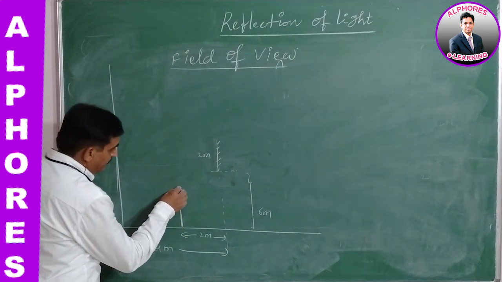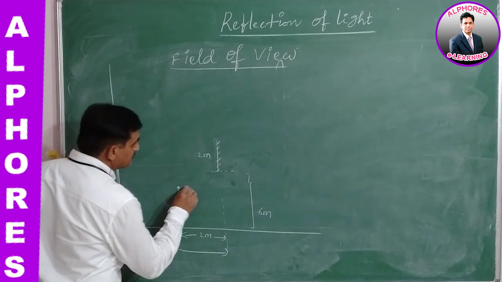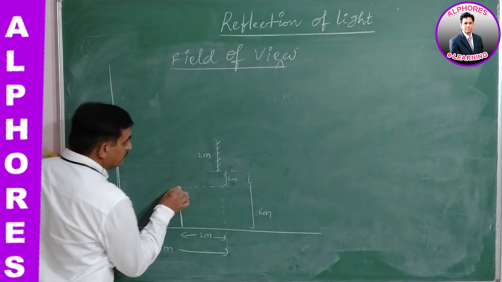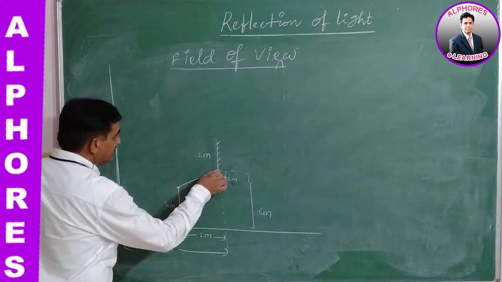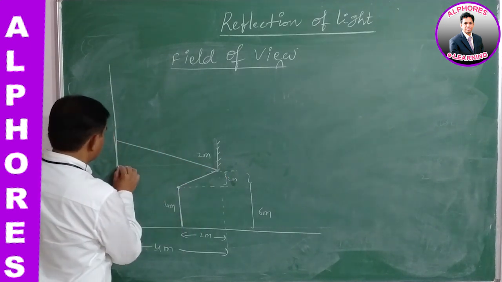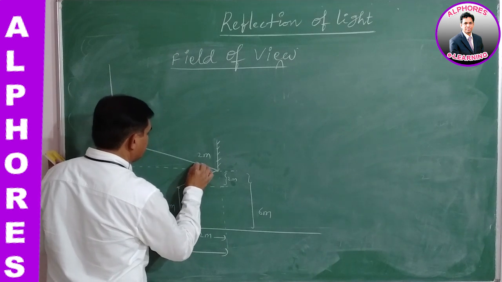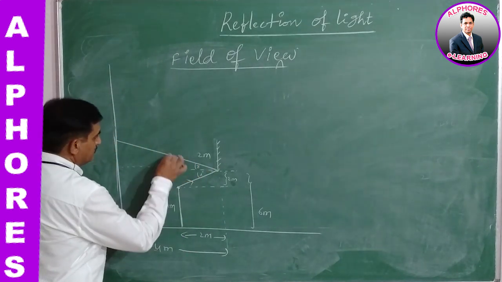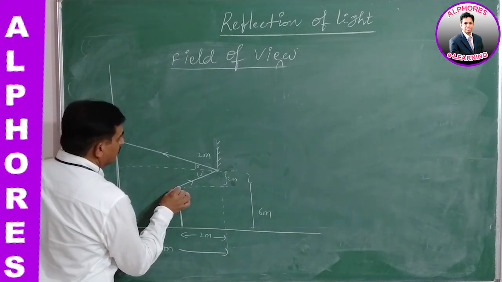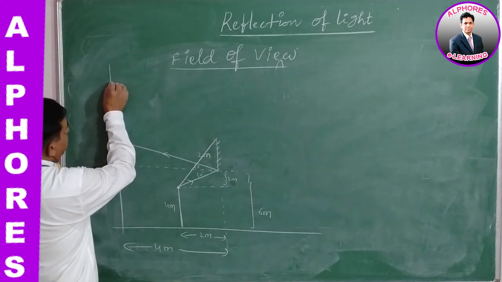First of all, from the top of this pole, it is very clear the remaining distance is 2 meters. Now light incident on this lower edge undergoes reflection. This is the angle of incidence, this is the angle of reflection, and this is the reflected ray. Now one more ray incident on the upper edge undergoes reflection.